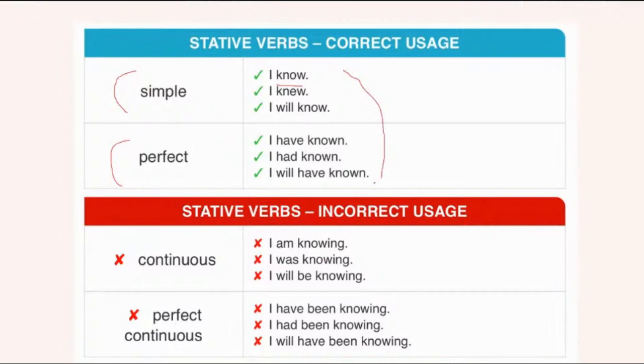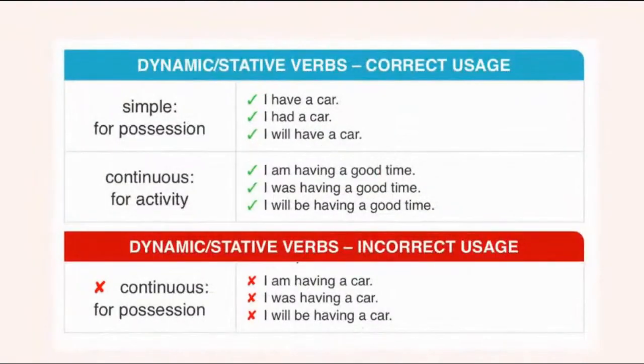I know, I knew, I will know. I have known, I had known, I will have known. But we cannot use the continuous tenses with this verb. I am knowing? No. I have been knowing? No. So we cannot use them in quite the same way.